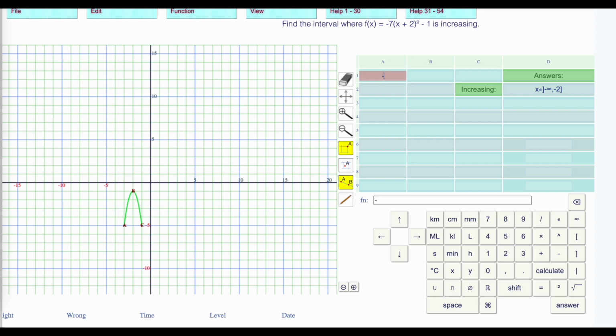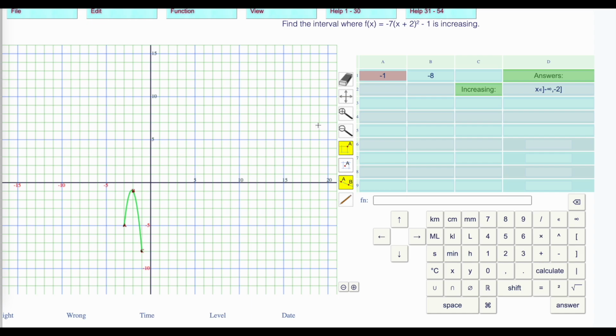When x is -2, y must be -1. So let's calculate: -1 is equal to -7 times, open bracket, the x value, which is -2 plus 2 is 0, squared that in brackets. It still gives us 0, times -7 is 0, minus 1 is -1. When x is -2, we get -1, which is the vertex. When x is -1, we get -8.